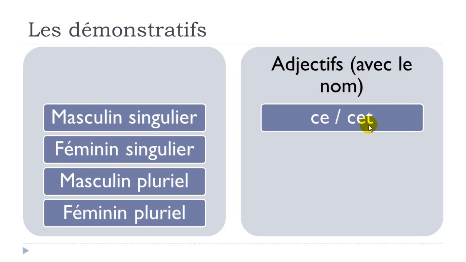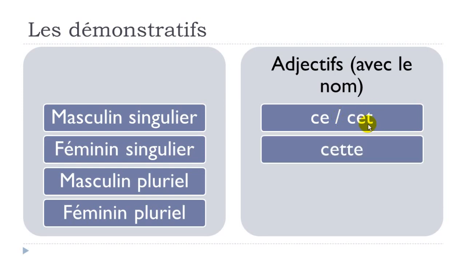Remember, this h letter in French is not really pronounced. So it indicates that when you get a word starting with the sound of a vowel, then you will have to use this cet adjective.